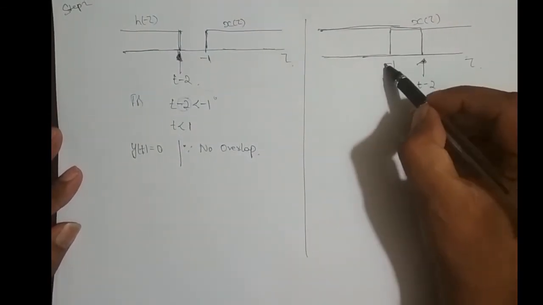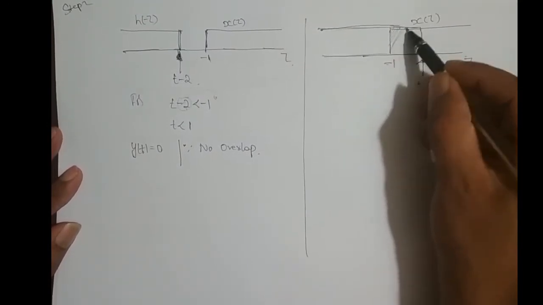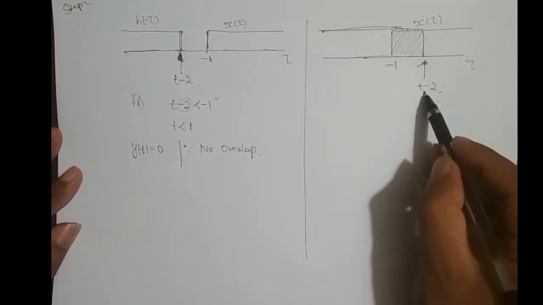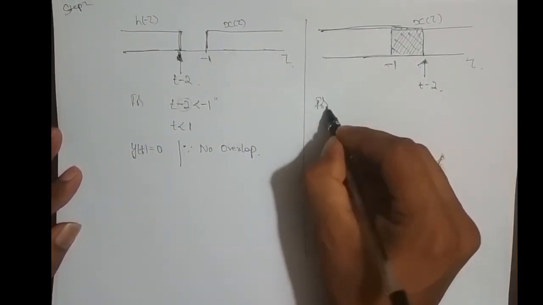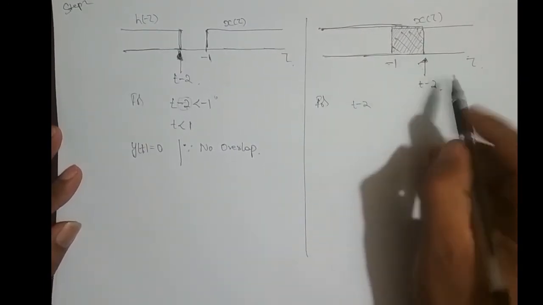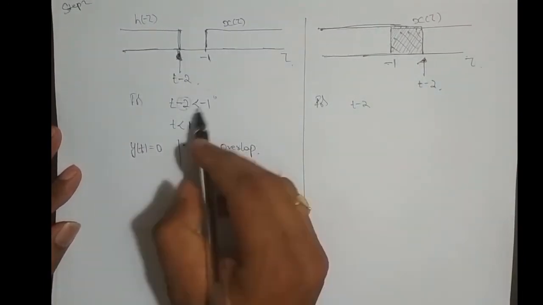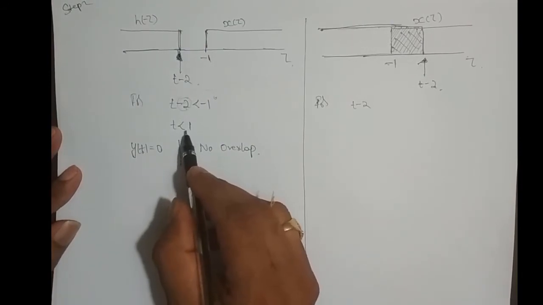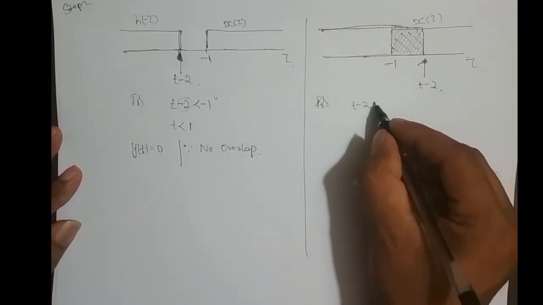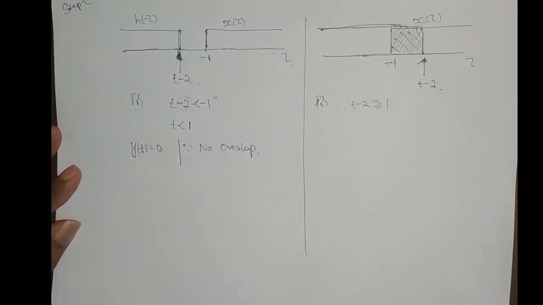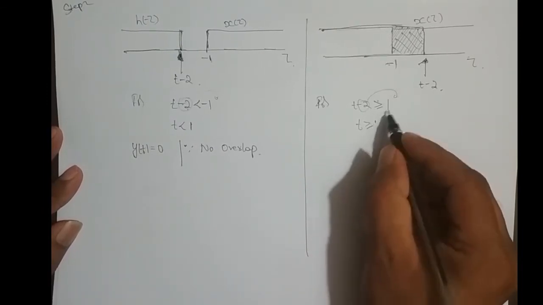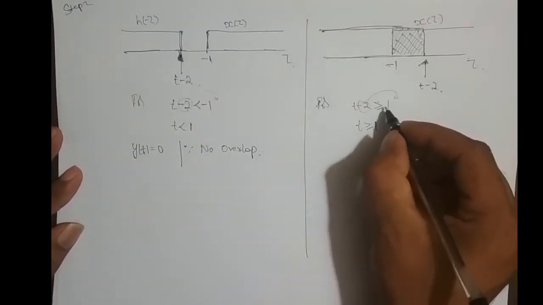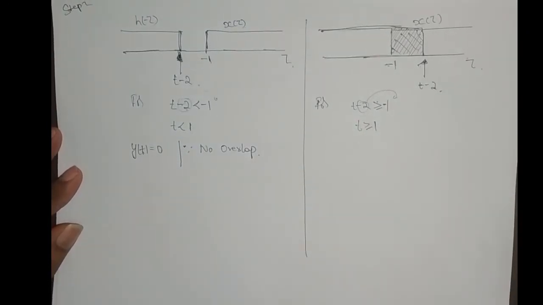So the overlap region starts from minus 1 and ends depending upon where I keep this t minus 2 slider. Because I excluded 1 earlier, here it is greater than or equal to, since I have to include that one. Writing this in terms of t: t minus 2 is greater than or equal to minus 1, so t is greater than or equal to 1.